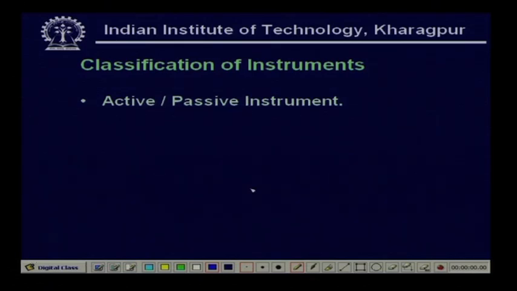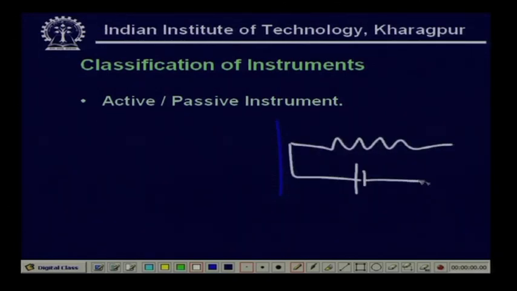it looks like this. Suppose I have a potentiometer like this, and I am energizing it by a battery, and I am taking the output voltage from this one.